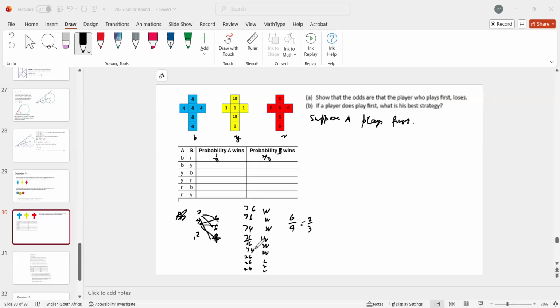Right? So you see the way to realize that is if you play a 7, then he's going to always win. The 7 will beat all these numbers, and the 7 comes up 2/3 of the time, right?